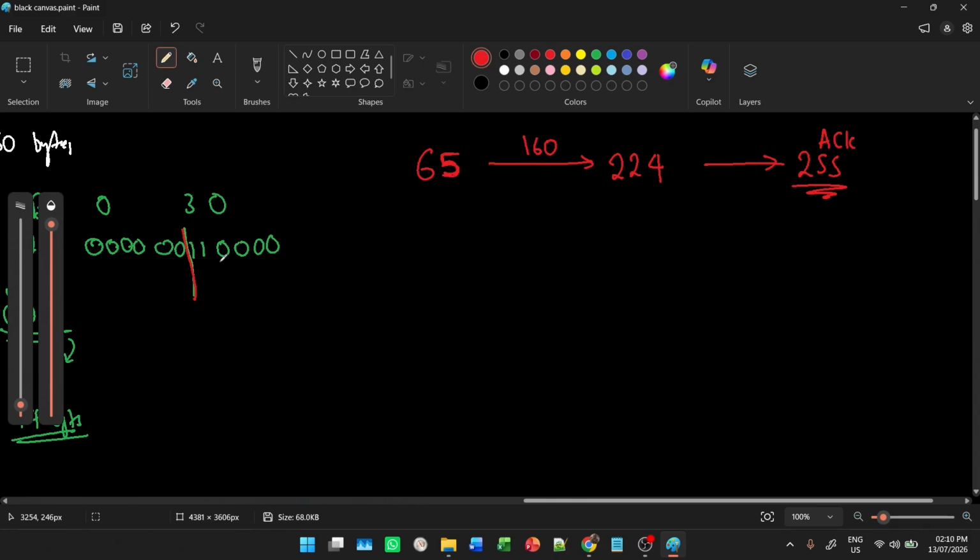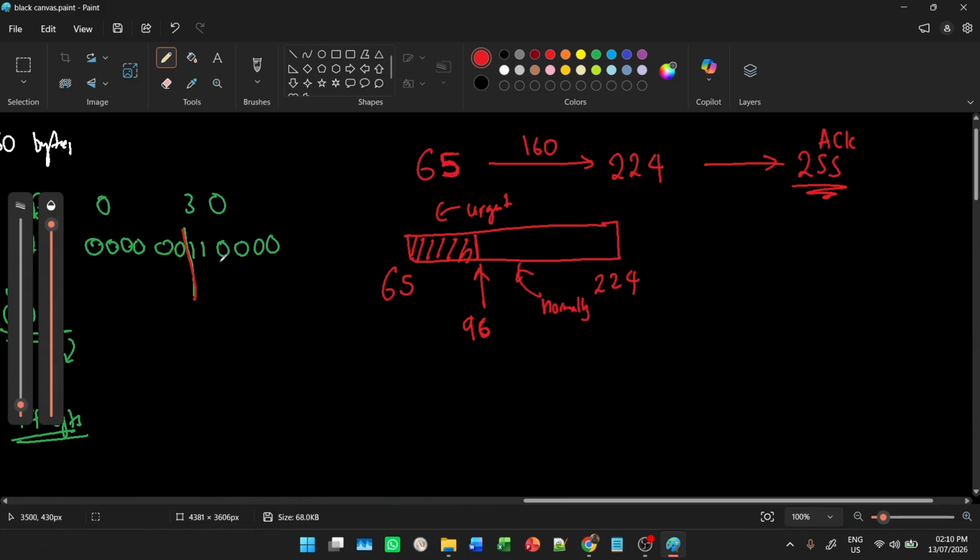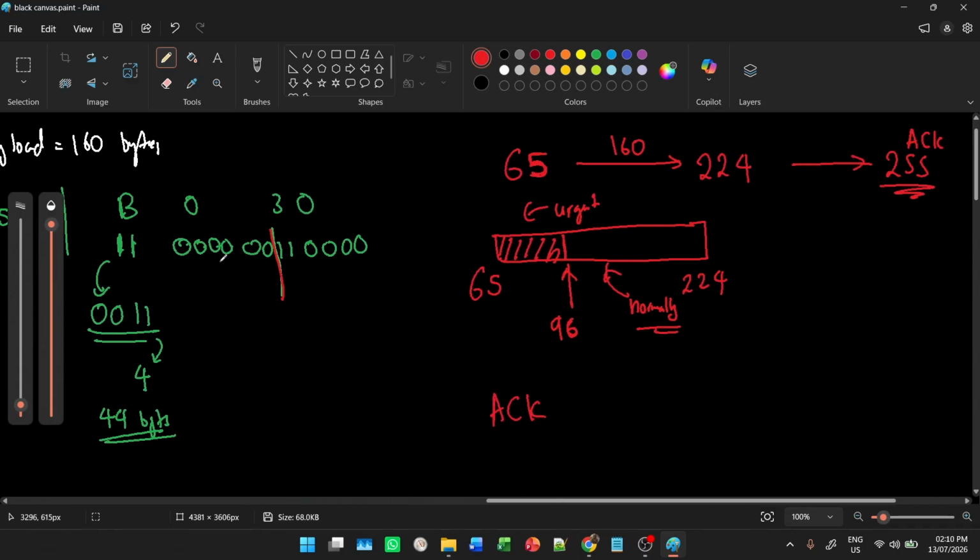Okay, right. So now we have 65, we have a 160 byte payload ending at 224, right? The urgent pointer, how much did we say, was 96, meaning the urgent pointer says up to 96 is considered urgent. The rest can be processed normally, right? And the acknowledgement number value, that is equal to 54.